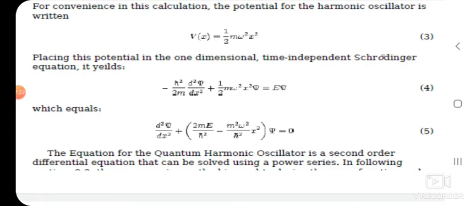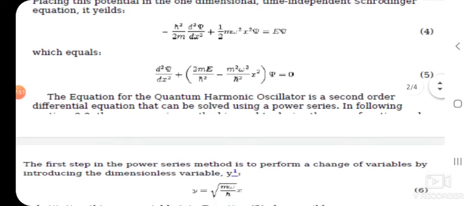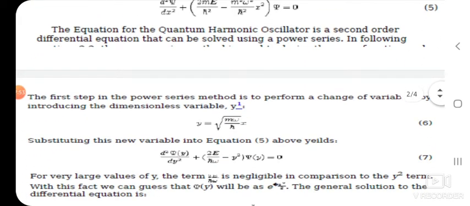Equation 5 is for the quantum harmonic oscillator and it is a second order differential equation, and this kind of equation can be solved by using the power series method. Now we are going to solve this equation.